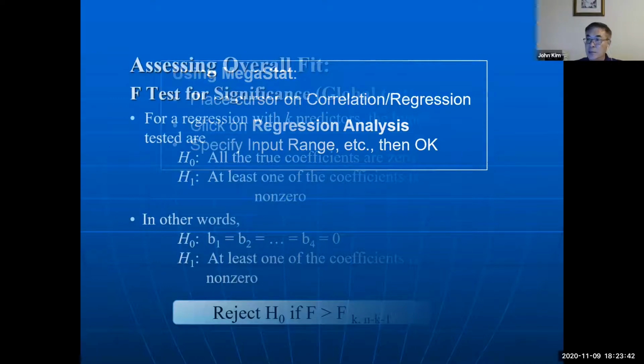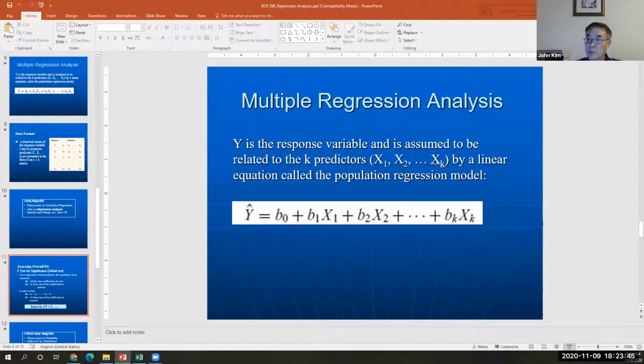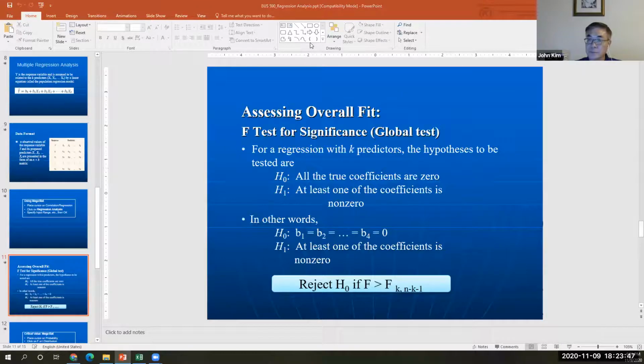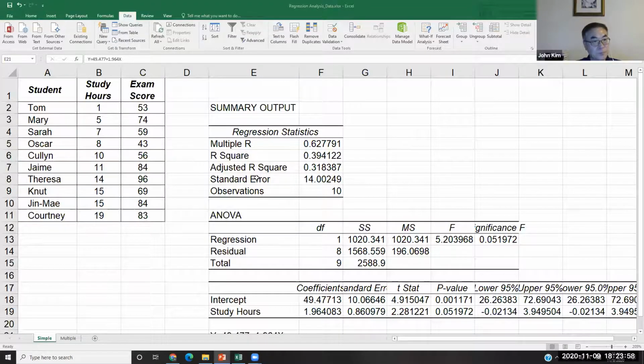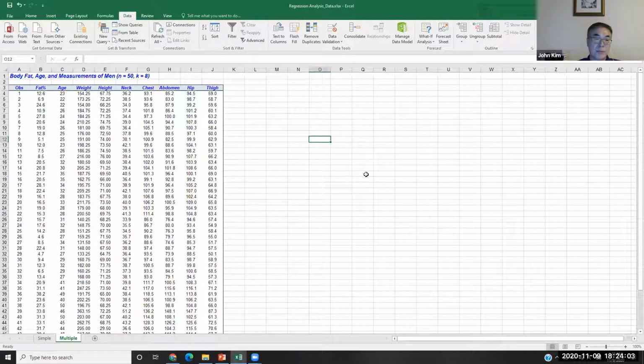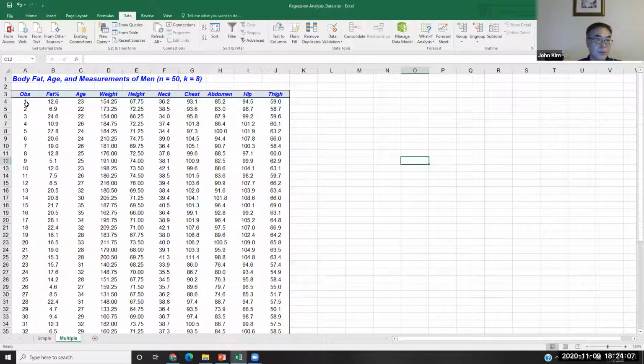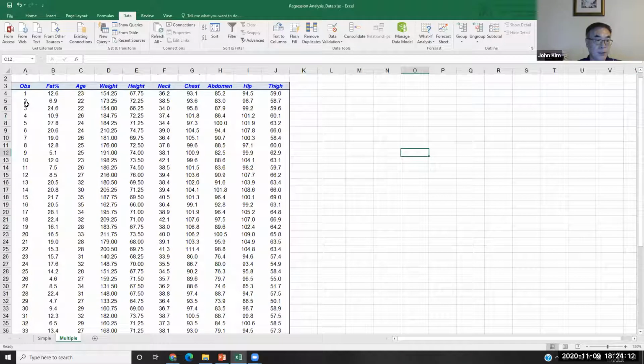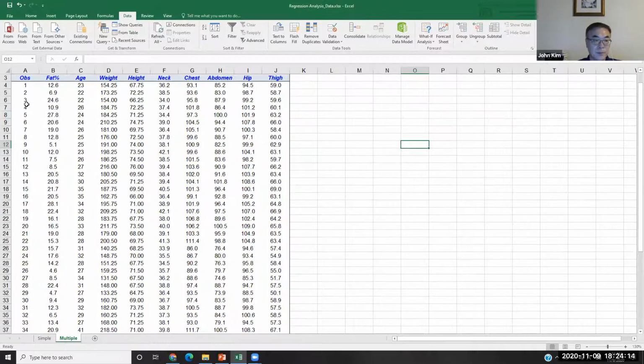So the example data set again, the multiple regression data example. It looks like this. The first column is observation, the sample number. There are 50 samples.